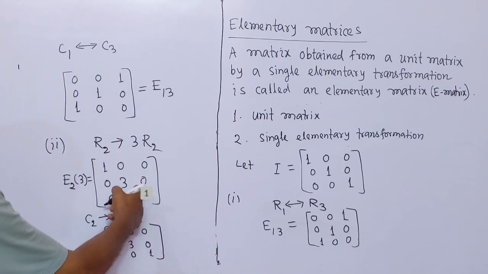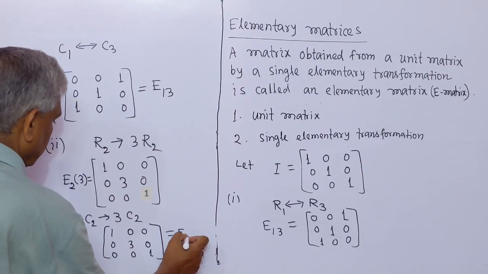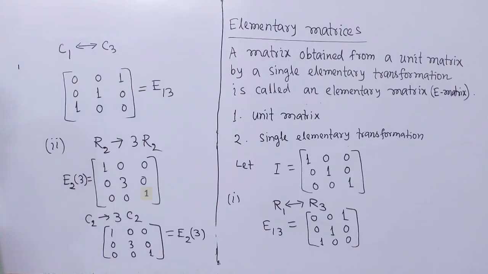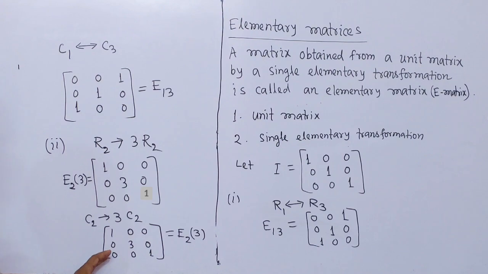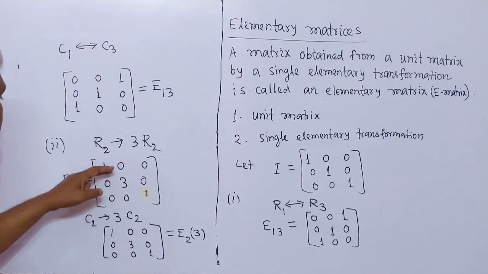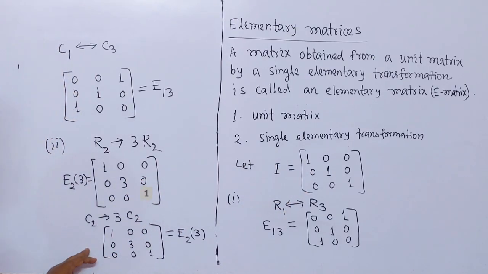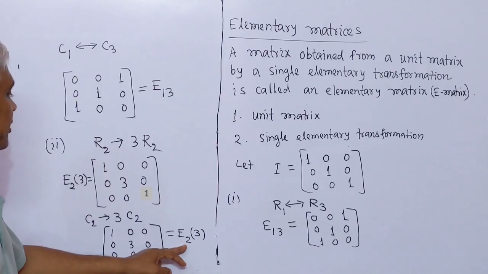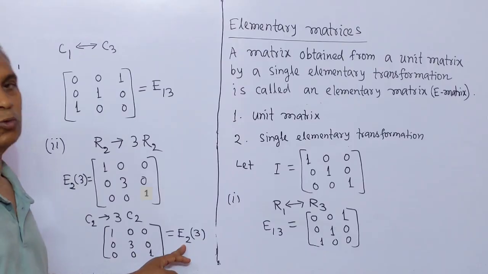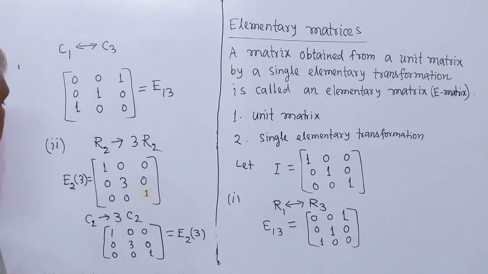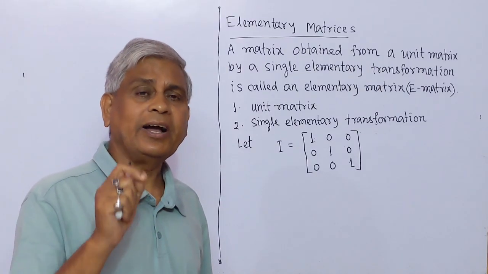Here we see that this matrix and the previous matrix are the same. So this is also E23. It means we multiply the elements of the second column by 3, and if we multiply the elements of the second row by 3, we get the same result. So this denotation applies to either an operation on rows or an operation on columns. This is also an elementary matrix. Now we show the third kind of elementary matrix.